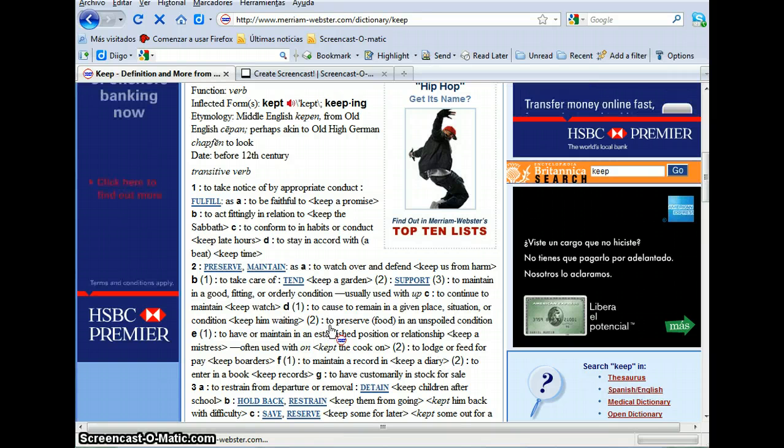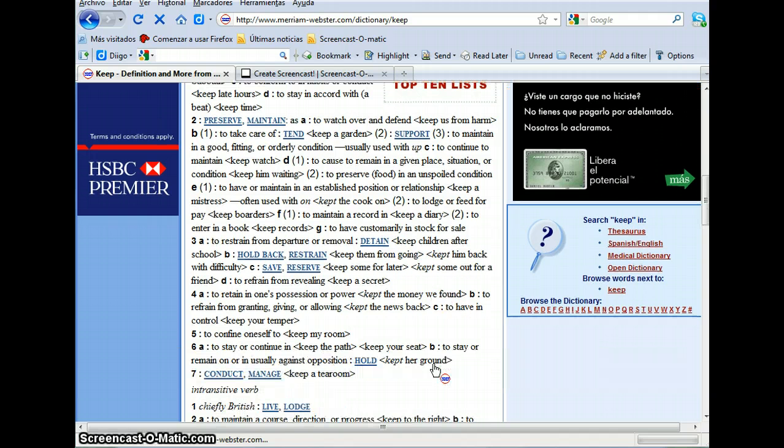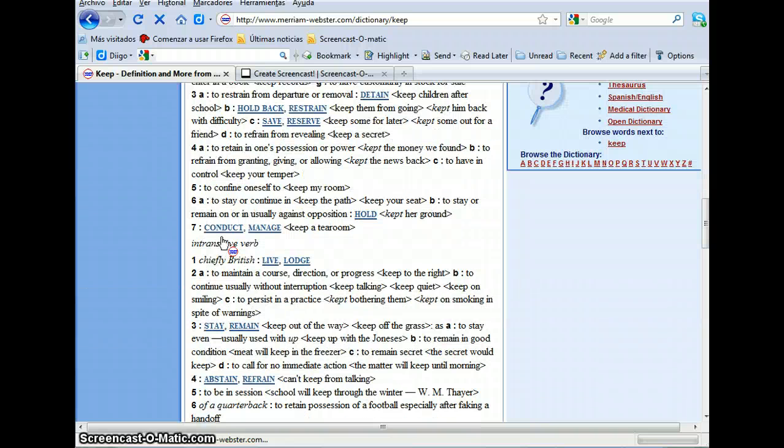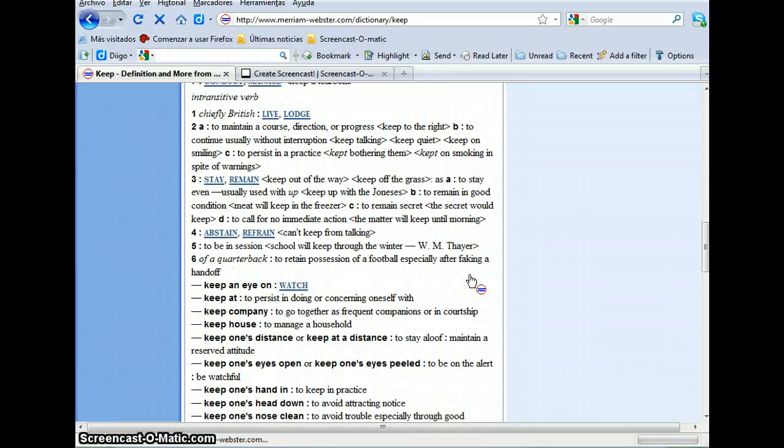It also means to preserve food, for example, like cheese keeps well in the refrigerator. And we come up with all of the different ones here. We also have, as an intransitive verb, live, to lodge, okay, in British English.